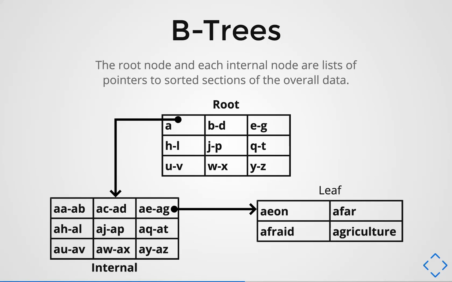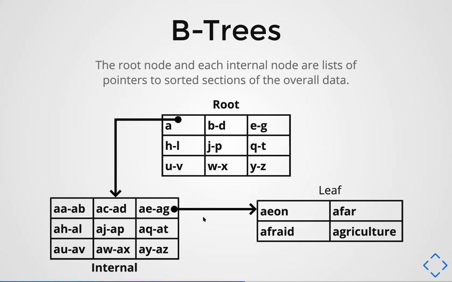Okay, and then if we follow the A node's pointer, all the words that start with A, then we'll find a more subdivided version of A. All the words that start with 2 A's through all the words that start with AB, like from aardvark to abate, whatever. And then similarly, a subdivision for all the words from AC to AD.